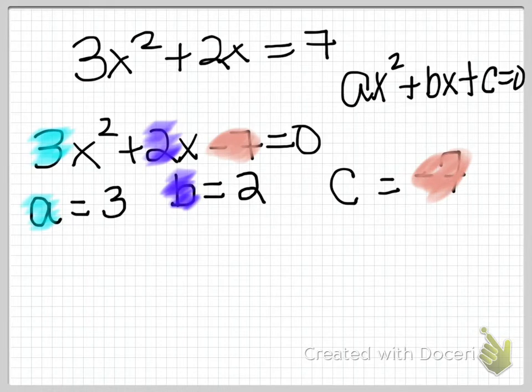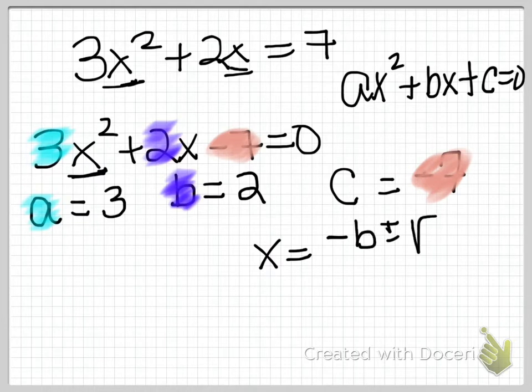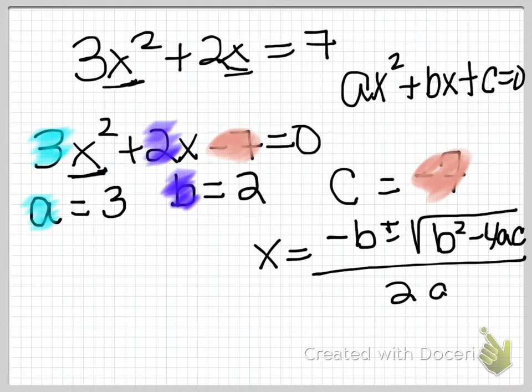See that? Now we're going to use our quadratic formula, which, remember, says our x, and that refers to this x here, this x in our equation, says we can find out what its value is. Negative b plus or minus the square root of b squared minus 4ac all over 2a.